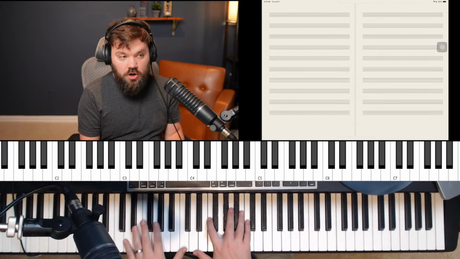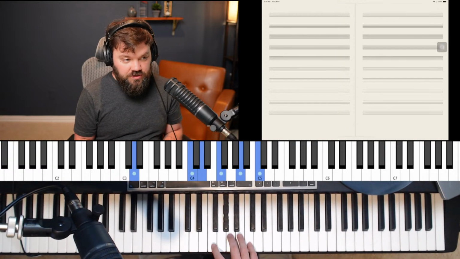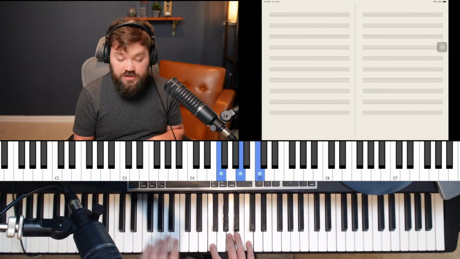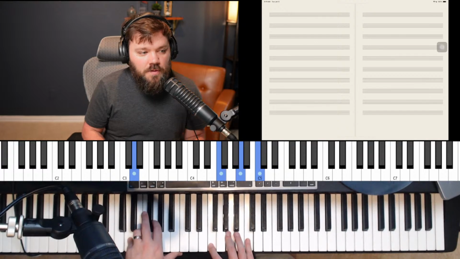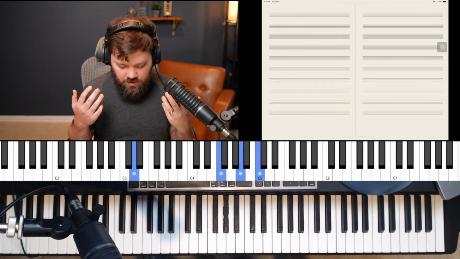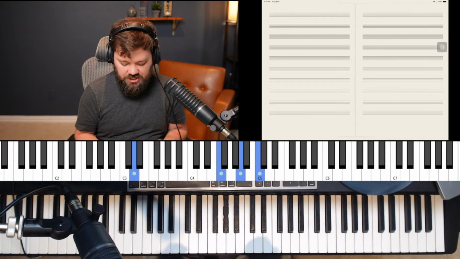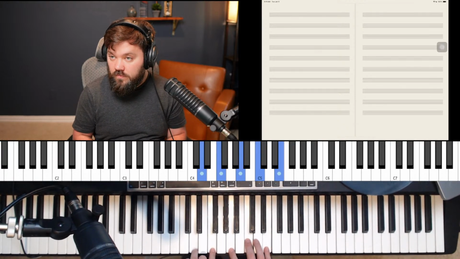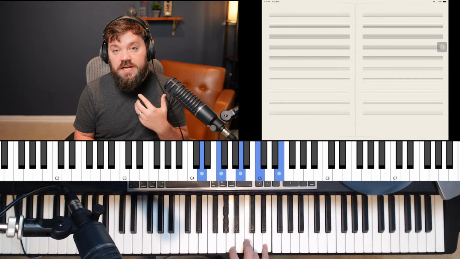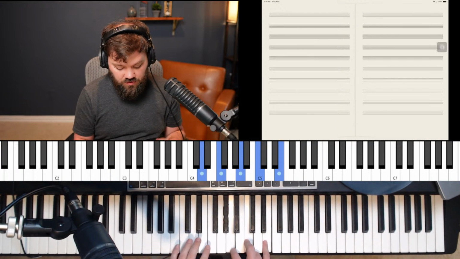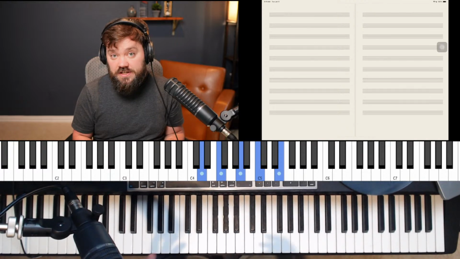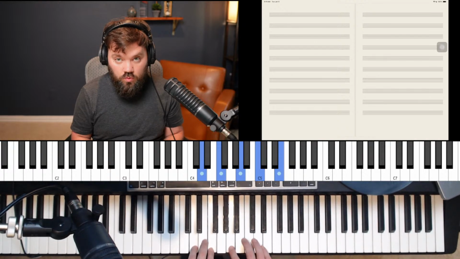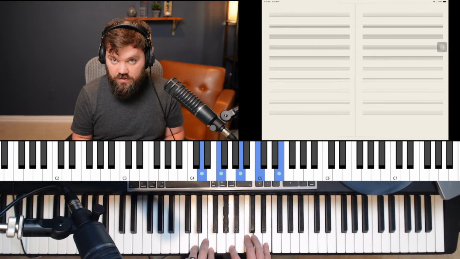And so the idea of upper structure triads comes from this. If I'm just going to the 7th, like I said, we can think about it going from the root, or we can just think about a triad that's on the top with a bass note. But if I am doing a larger chord, such as maybe a D minor 9, we can start to see a lot of different relationships between these chords. So we can see what the chord symbol is, which is D minor with an added 7th and an added 9th.